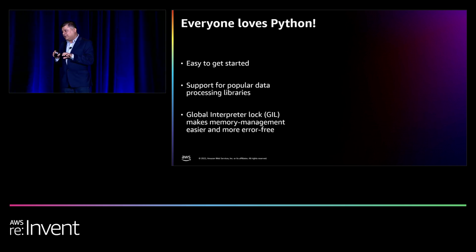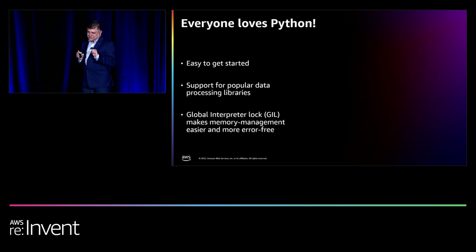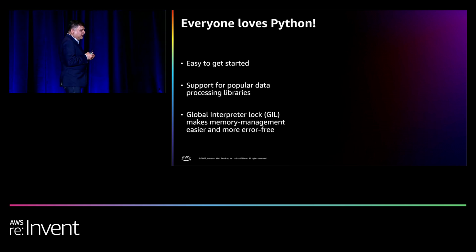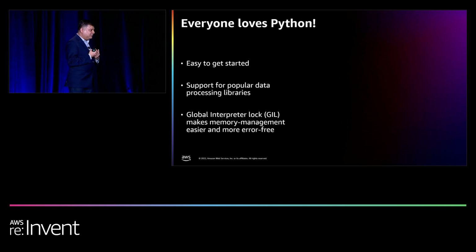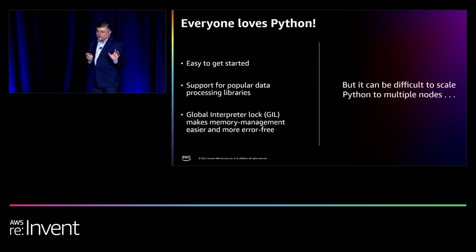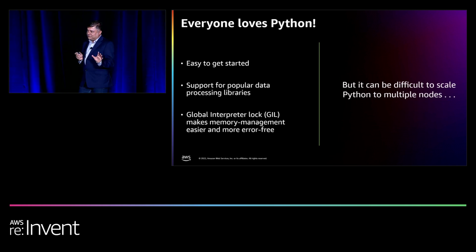And at the root of all this ease is the GIL, the Global Interpreter Lock, which ensures that this ease of development does not cause any problem when you are actually running this code in production. But what makes it easy also makes it difficult to scale.